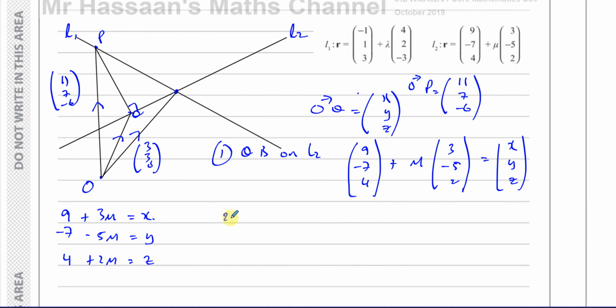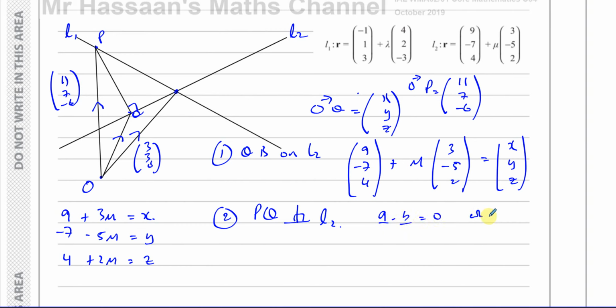Now the second bit of information we know is the fact that PQ is perpendicular to line 2. So what it means is the dot product of PQ, the vector from P to Q, and the direction of line 2 will give us 0. When two vectors are perpendicular, A dot B is equal to 0.